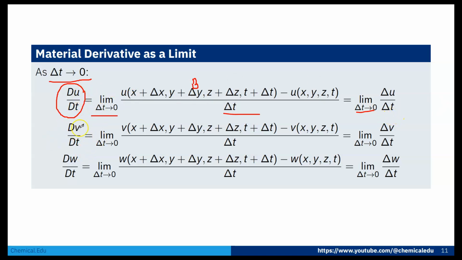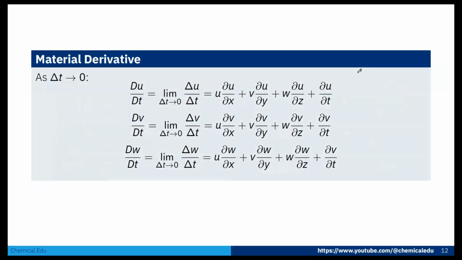That is actually called the material derivative, and we can write Dv/Dt, which is also a material derivative, the limit as ∂t tends to 0 of ∂v/∂t, and Dw/Dt, the limit as ∂t tends to 0, that is the velocity component w at the new position minus the velocity component w at position a. So we get capital Du/Dt, Dv/Dt, Dw/Dt. And we know this value from the earlier slide.